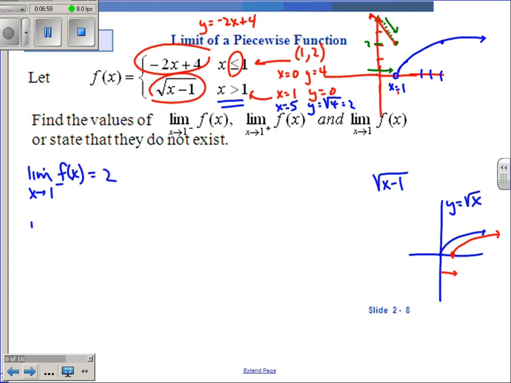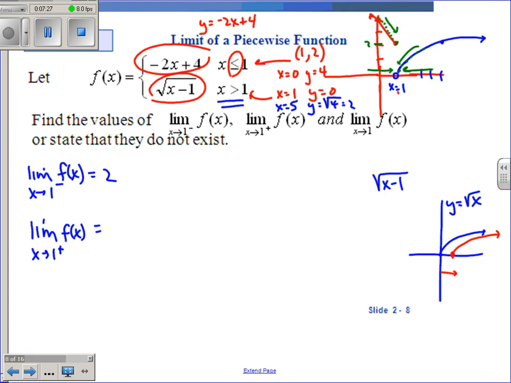Now let's look at the right side limit. So x approaches 1 from the right side. So now I'm going to be looking at approaching from this direction. So I'm going to be looking at x is bigger than 1. That means the corresponding values on the graph would be up here for the x's that are bigger than 1. And those, as the x gets closer to 1, the y's are getting closer to 0, whatever the y value is for that hole there.